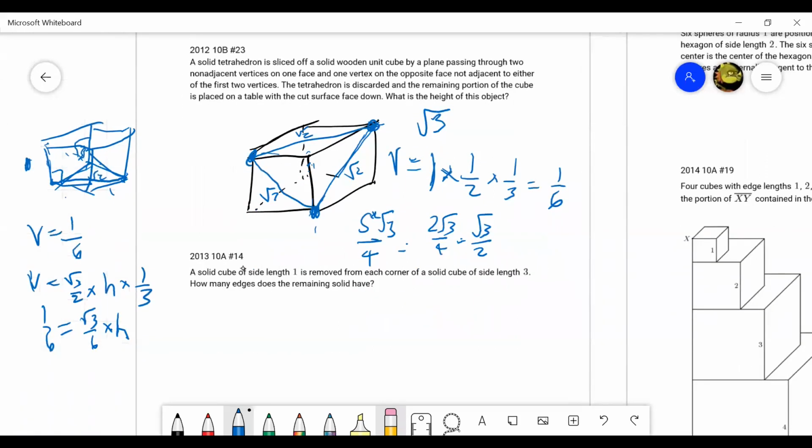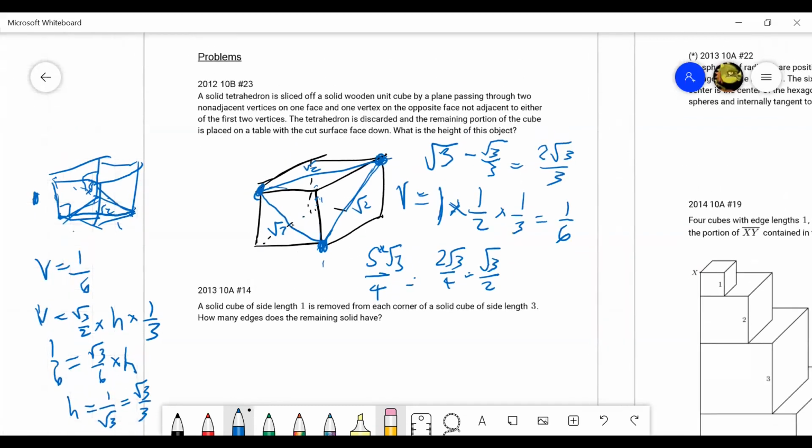So then this just means that the height is 1 over the square root of 3, or root 3 over 3. All right, and from here, you simply subtract square root of 3 over 3. We get the height as 2 root 3 over 3. And that's the answer to the question.